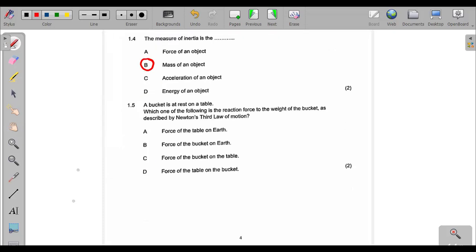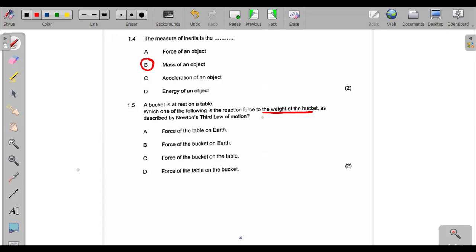A bucket is at rest on a table. Which one of the following is the reaction force to the weight of the bucket as described by Newton's third law of motion? Our answer would be easier to identify if we know what weight is.